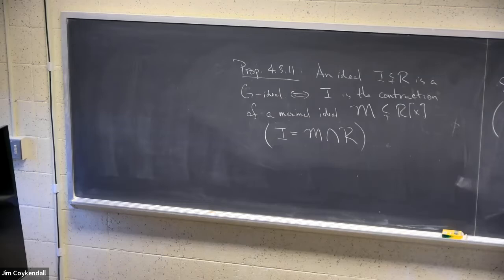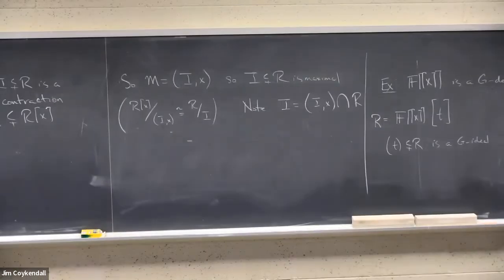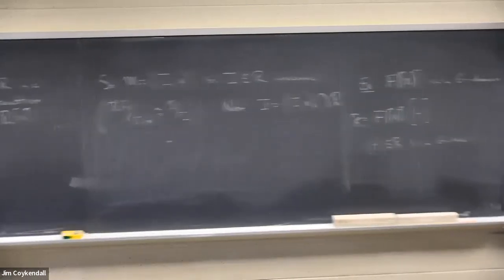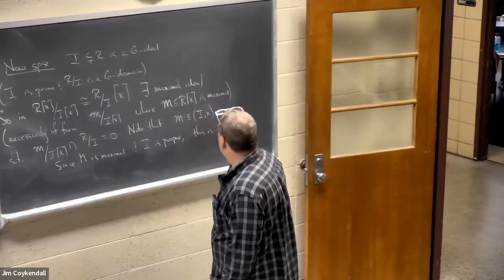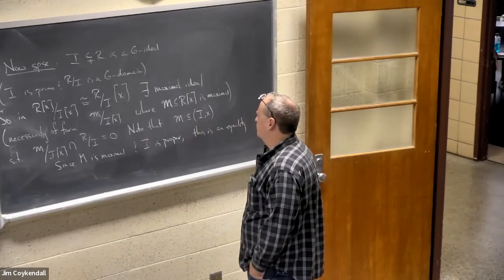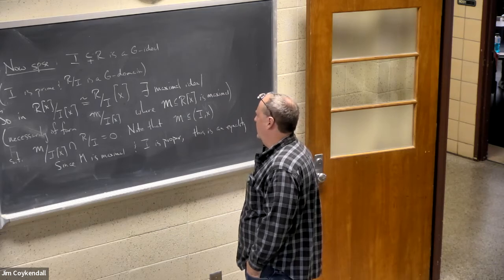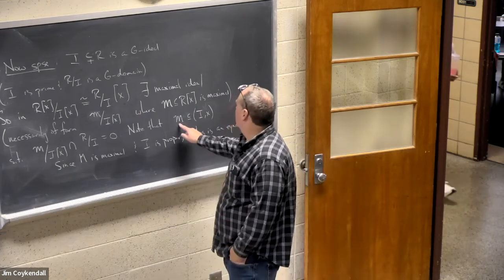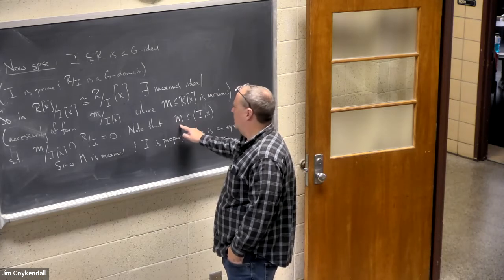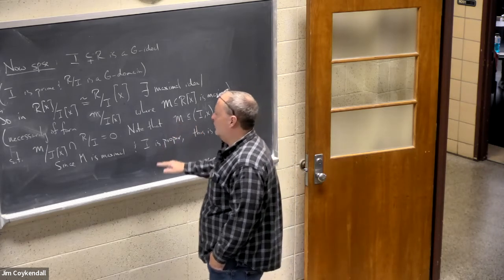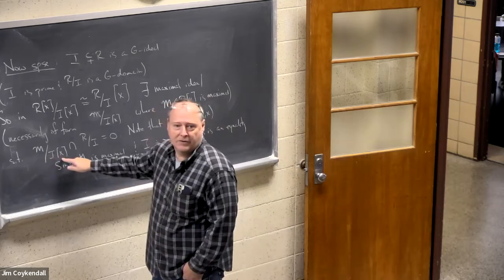So let's go to the proof here. This is a G ideal, so it's prime, the quotient is a G domain. So there's necessarily a maximal ideal of this thing, this quotient. It's necessarily of this form. Right, because notice as we're building this maximal ideal here, this M is a maximal ideal that actually contains this in the quotient.